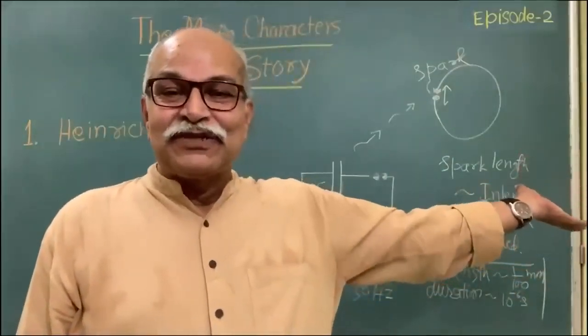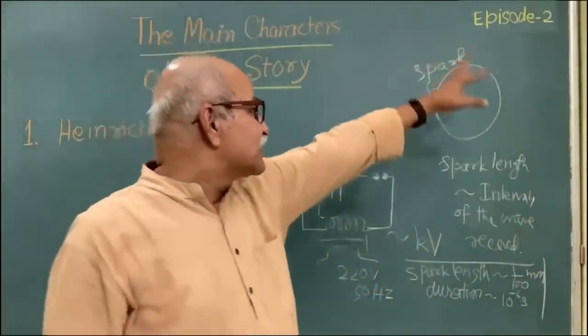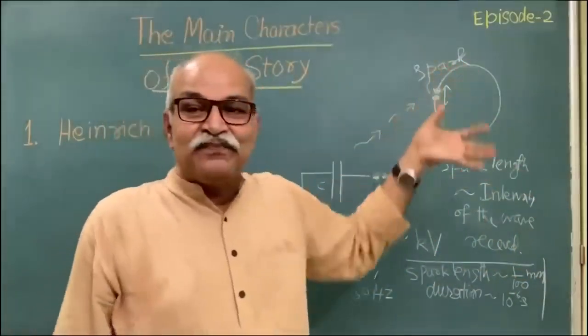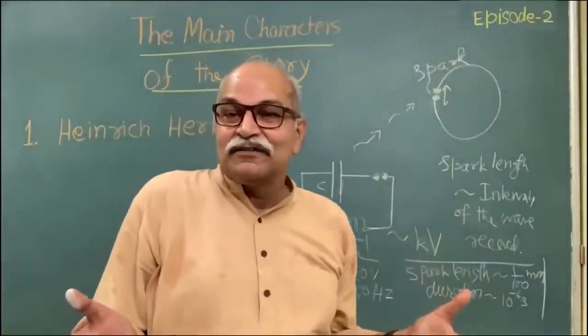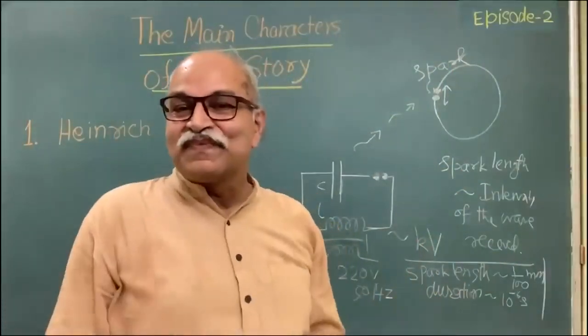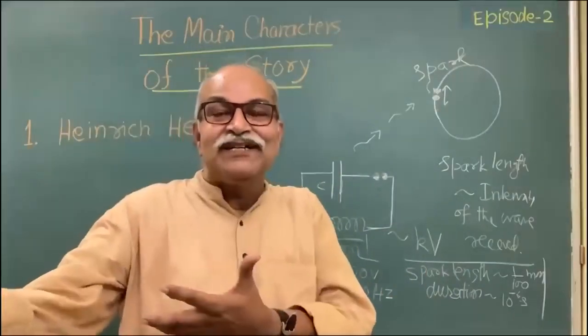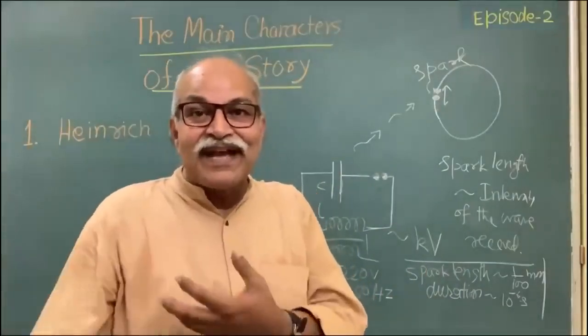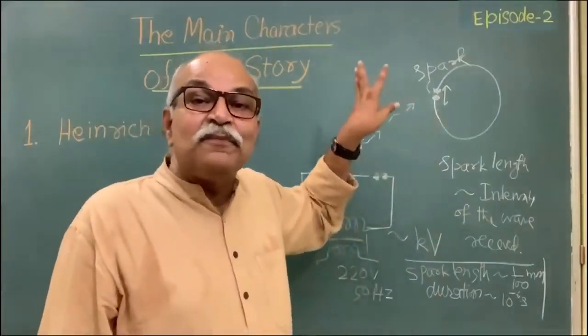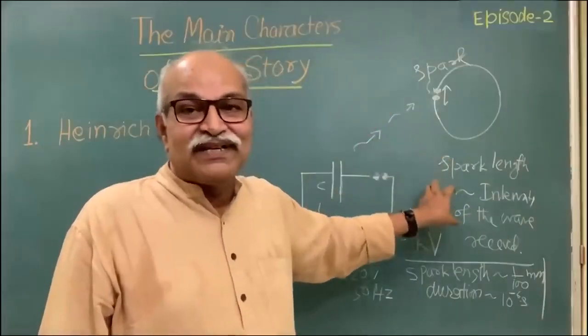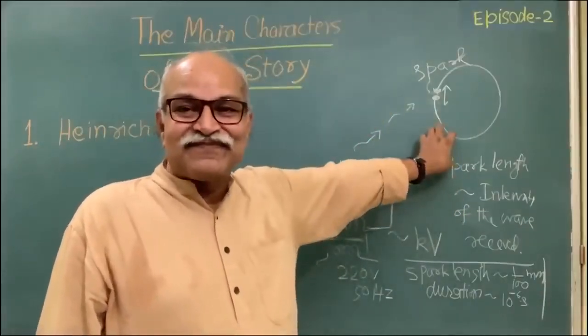So the whole experiment was done in some dark room, and eyes had to be adapted to see in that darkness, and then they could observe such sparks and do the experiments.